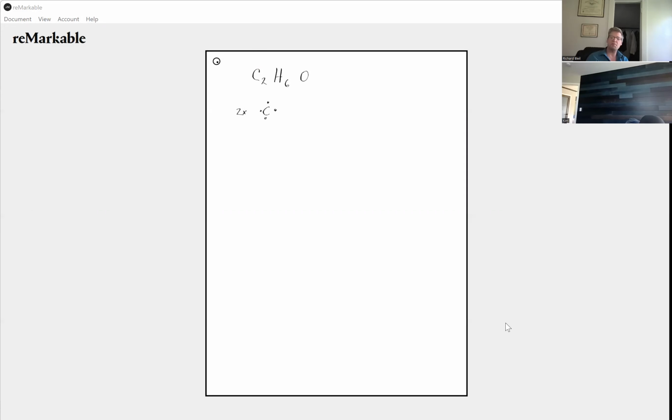We have 2 carbons, which we now know has 4 valence shell electrons. We have 6 hydrogens, which we now know has 1 valence shell electron. By the way, I said any element that needs only 1 more electron, you can always save it as the last thing that you add.